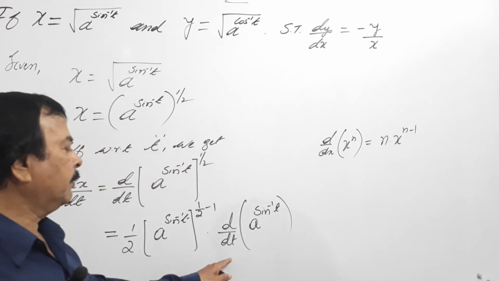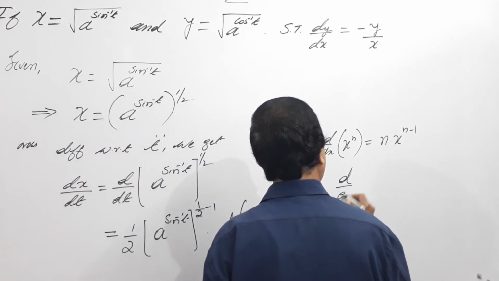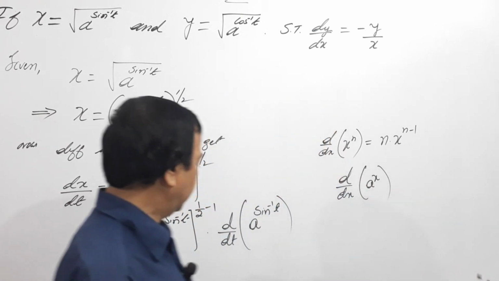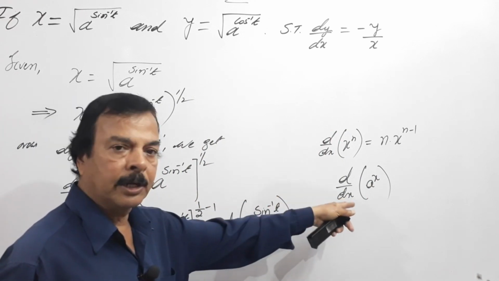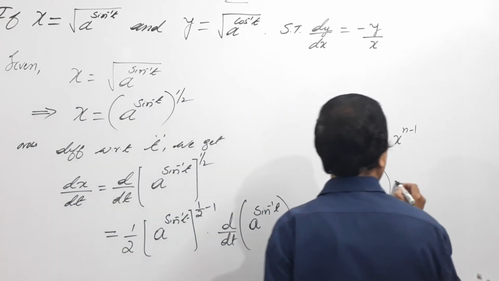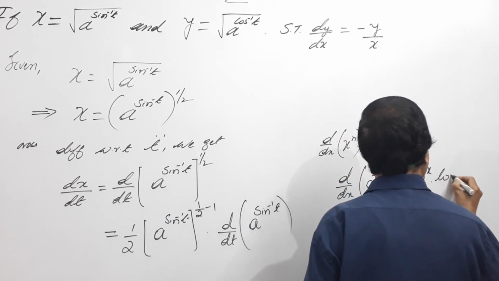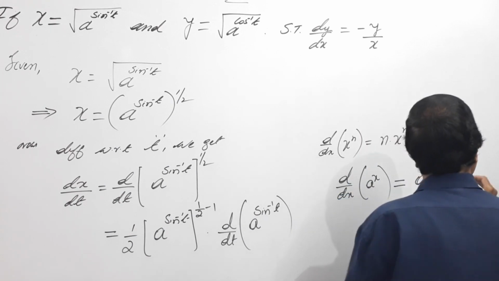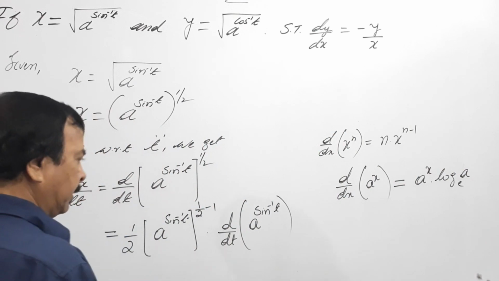This is of the type a to the power of x, where x is sine inverse t. What is the solution for this? This is nothing but a to the power of x into log a to base e. So I have to use that concept here.